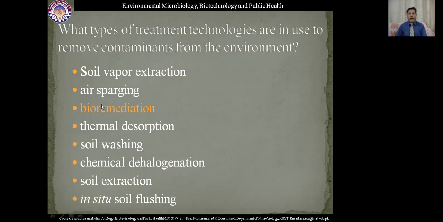Bioremediation, which we discussed in detail, thermal desorption, soil washing, chemical dehalogenation, soil extraction, in situ soil flushing. If you see this slide, most of the techniques except bioremediation have more limitations, and they are much more expensive.